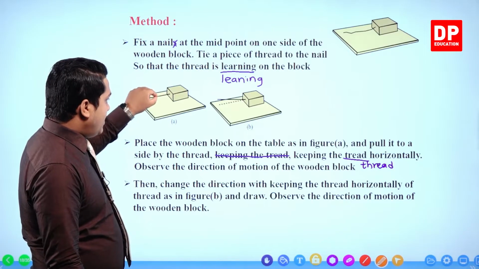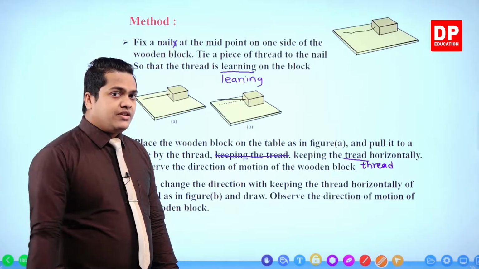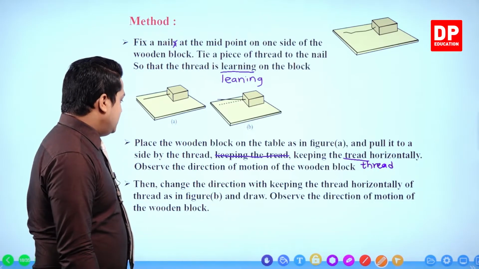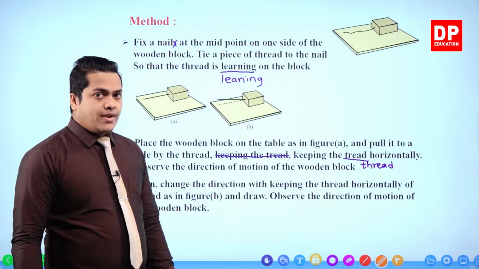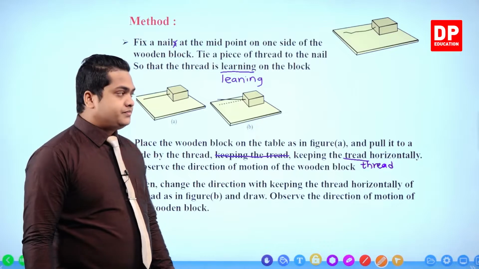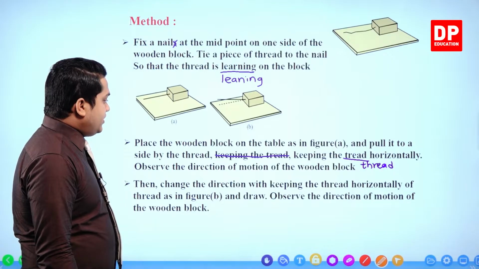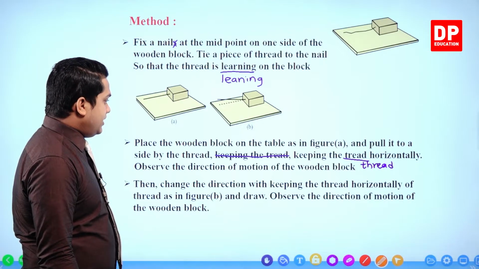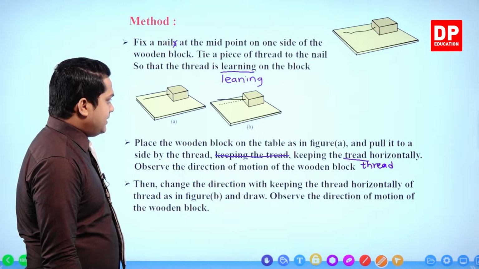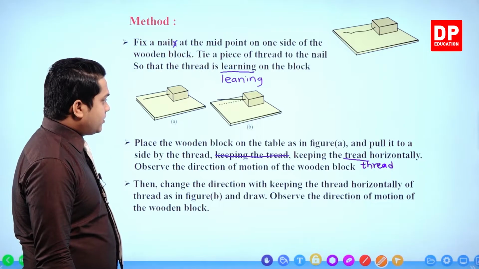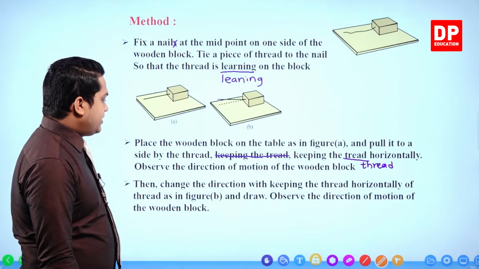So in the same way, you have to push it to a different location. Observe the direction of the motion of the wooden block. Then you have to observe what's going to happen in here. Then change the direction, keeping the thread horizontal as in figure B. Now by keeping the thread horizontal as in this figure B, you have to turn it to a different location, right?